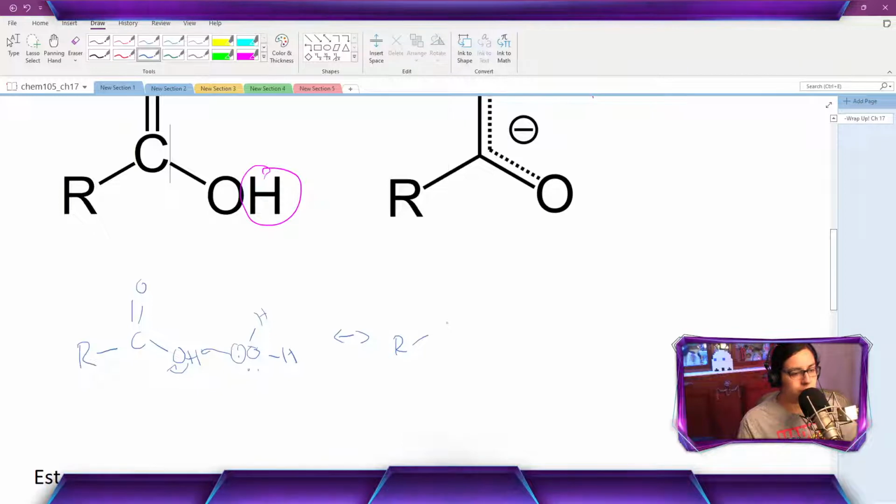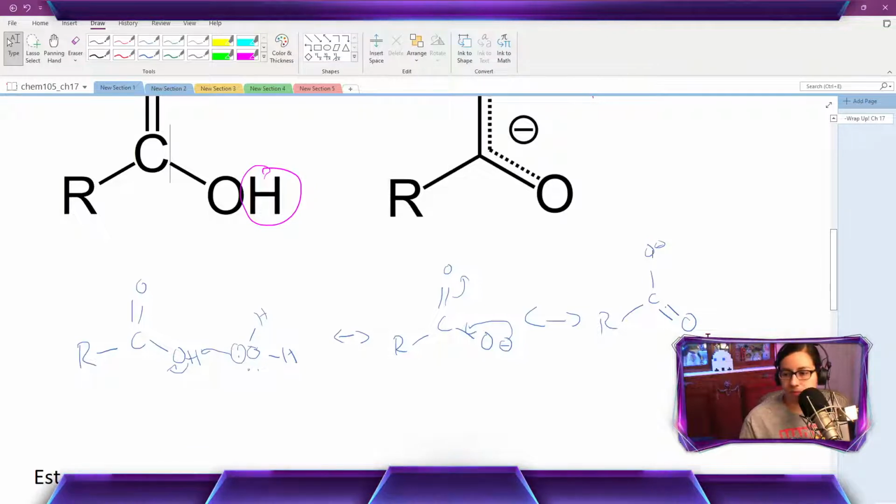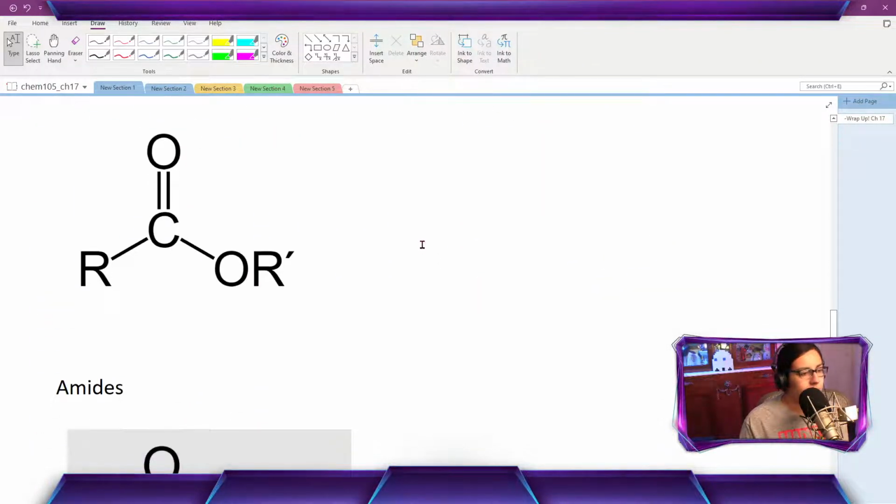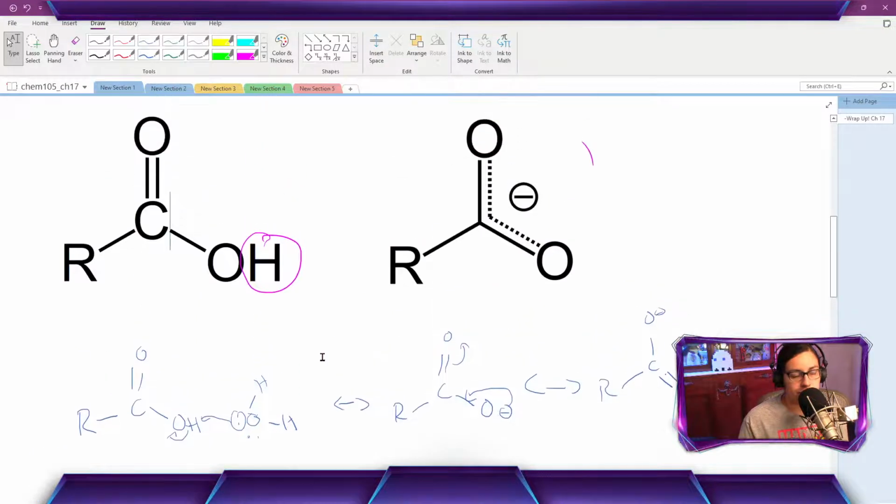So we have this structure. And then we can take these electrons, form a double bond, which forces this charge onto here. And so now we have this delocalized negative charge, and that works to stabilize it. So that's favorable.